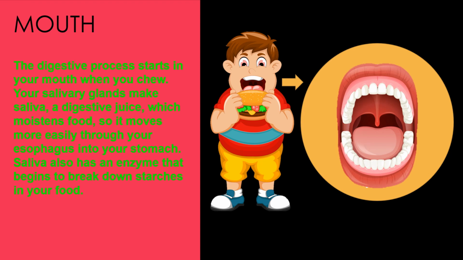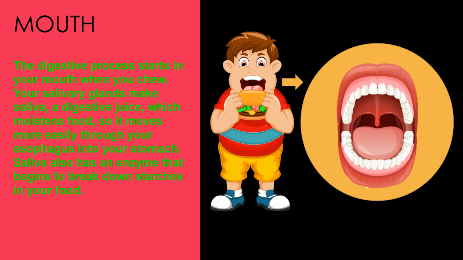The digestive process starts in your mouth when you chew. Your salivary glands make saliva, which is a digestive juice and which moistens the food so it moves more easily through your esophagus into your stomach. Saliva also has an enzyme that begins to break down starches in your food.